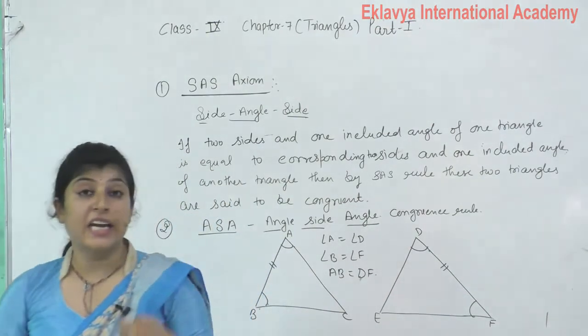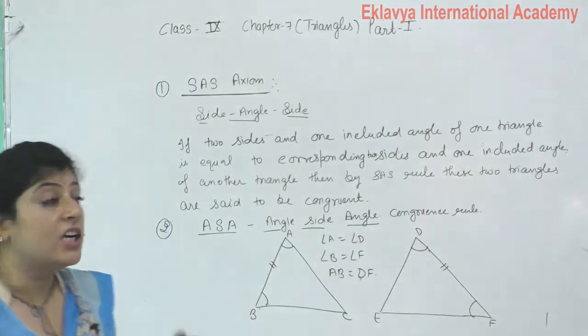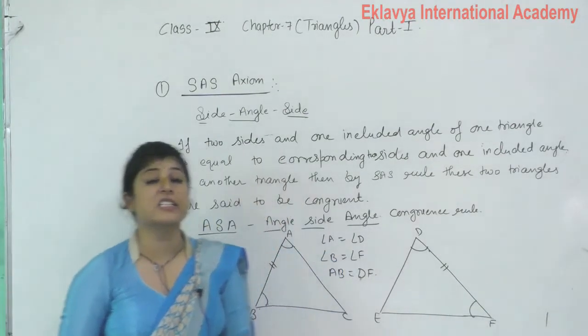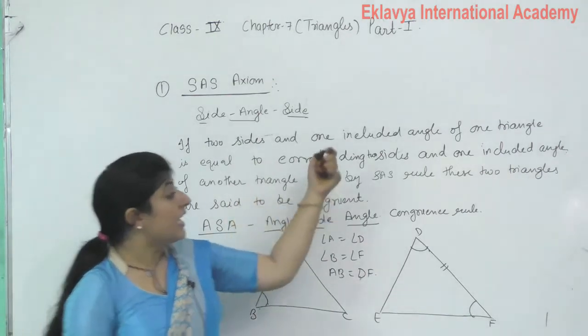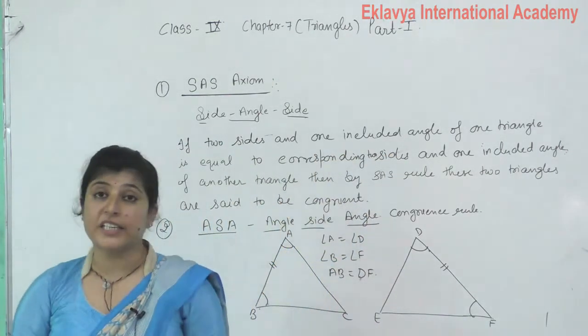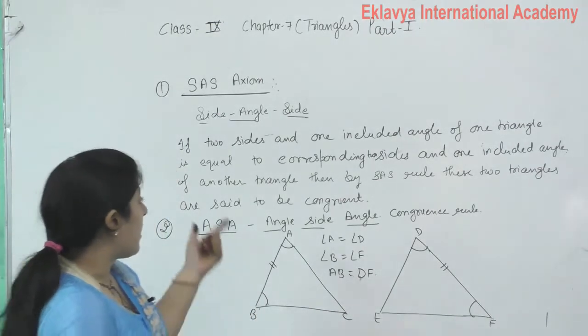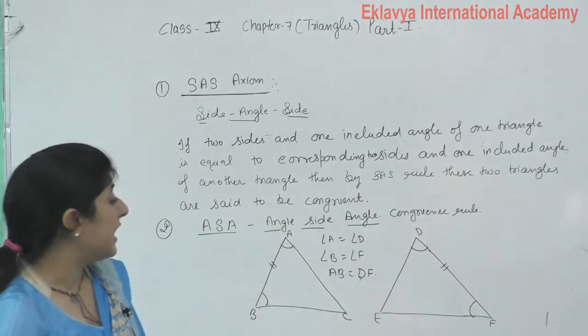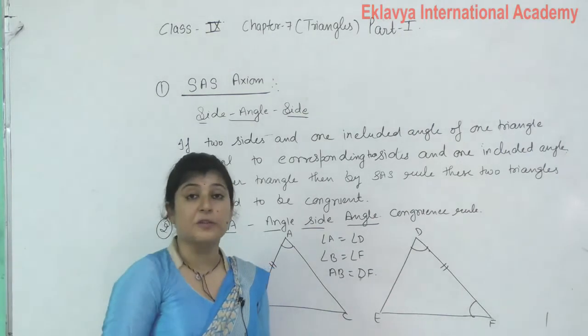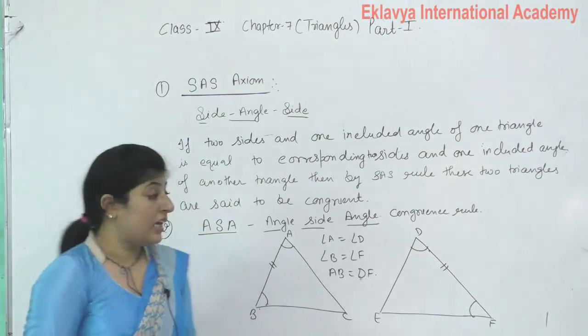So we can say if two angles and the included side of one triangle are equal to the corresponding two angles and included side of another triangle, then by the ASA rule these two triangles are said to be congruent.